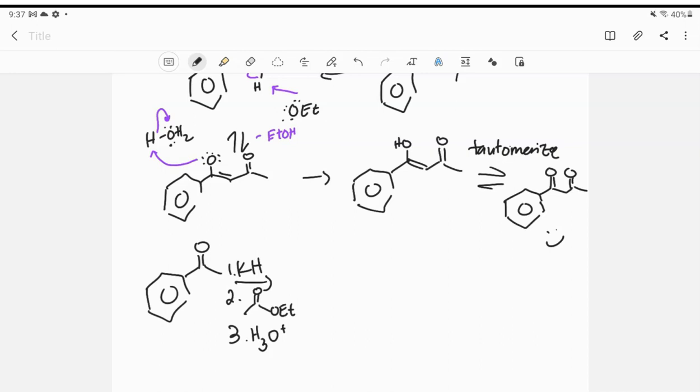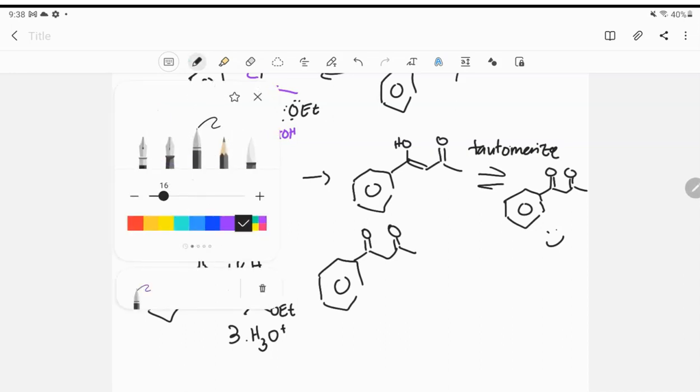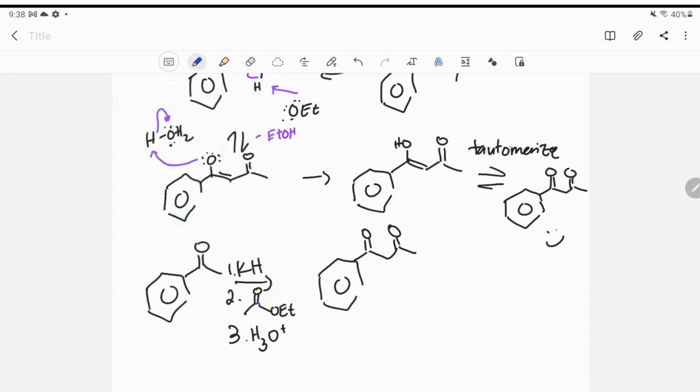Any other questions on this Claisen business? Other product again. So notice here what we've added. We've added 2 more carbons, and one of them is a ketone. Here are our 2 carbons that we've added.